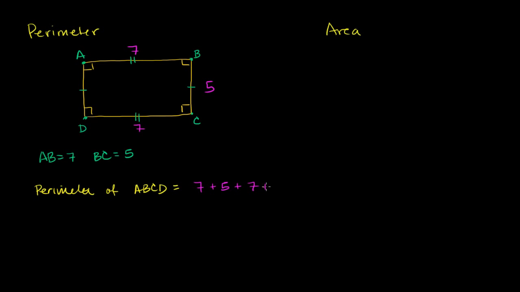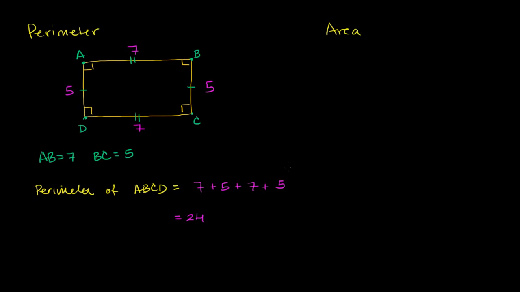So plus 7. And then finally DA, or AD, however you want to call it, is going to be the same length as BC, which is 5 again. So plus 5 again. So you have 7 plus 5 is 12, plus 7 plus 5 is 12 again. So you're going to have a perimeter of 24.